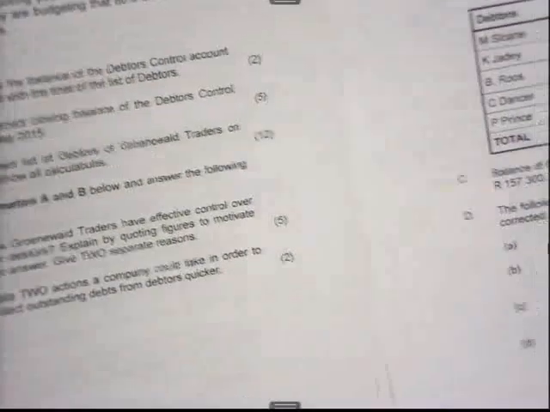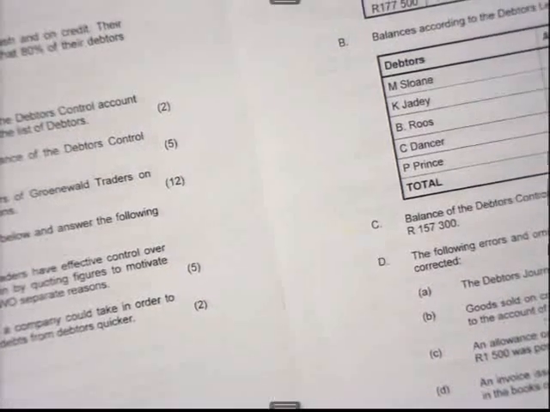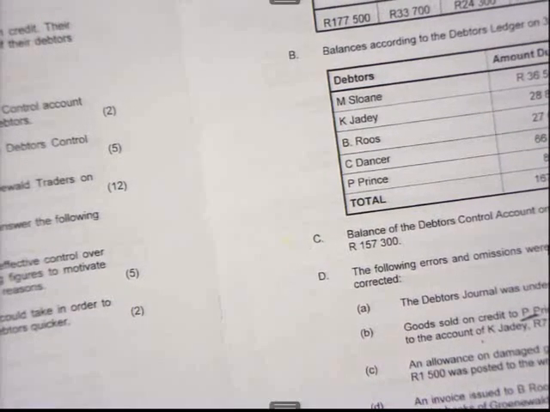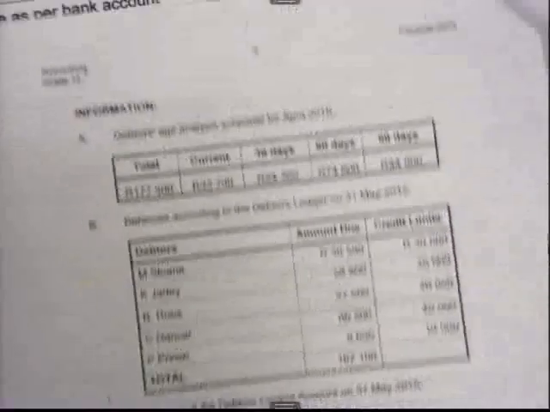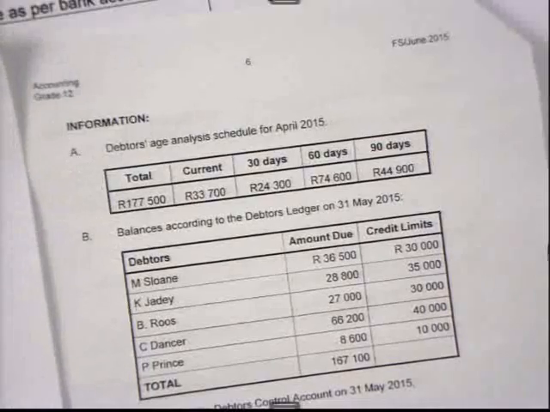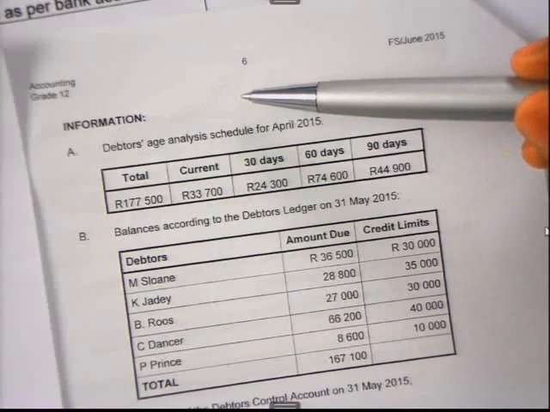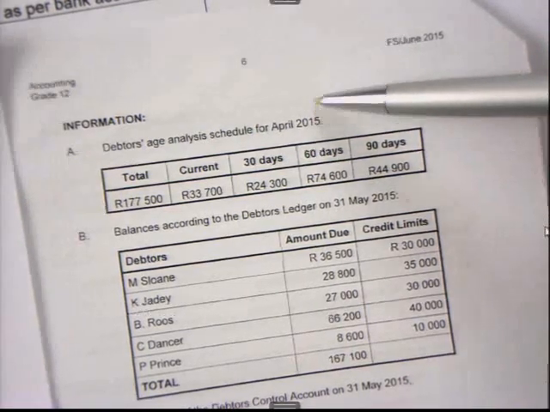Right, now we need to look at our set of information. We have A, the debtors age analysis schedule for April 2015, right?